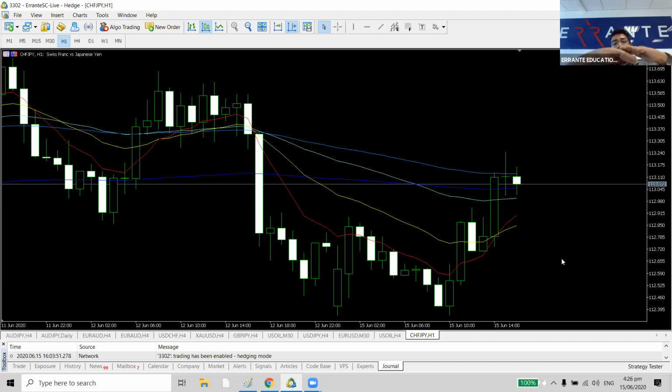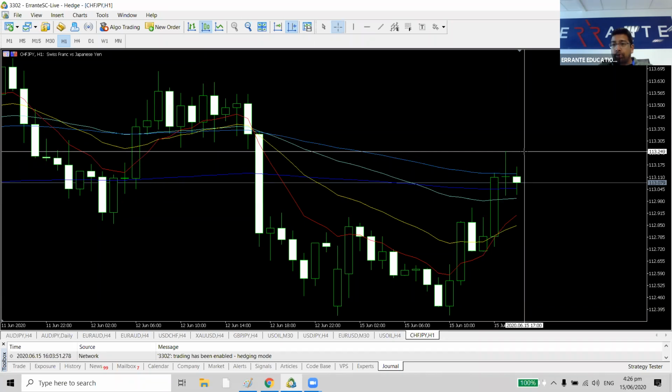So this is why it's reversing now, and it found a resistance area right there, and also very close to the 113.20 and 113.00 psychological numbers. As it goes up and then the wick is up here, I'm curious to know the price of the wick.